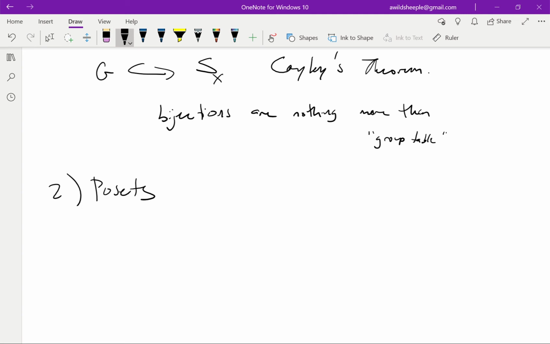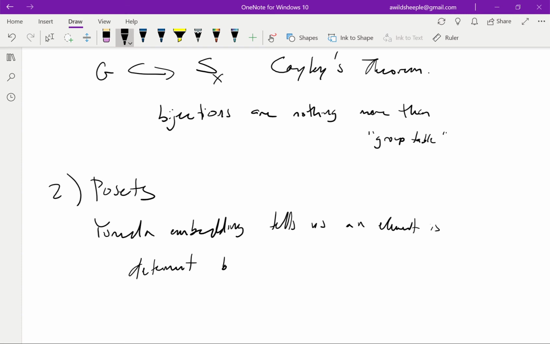Let's just say out of the object for this moment. Well, what that means is then an element of a poset is determined by all the things it's smaller than. So in other words, an element is determined by its inequalities.